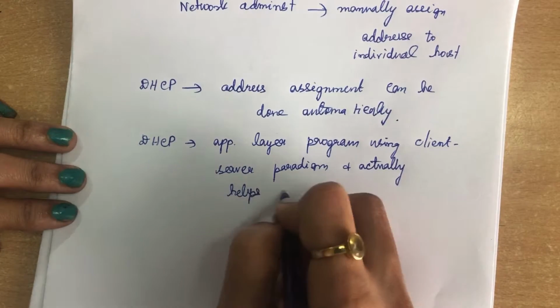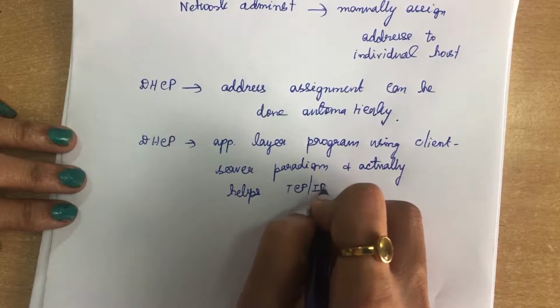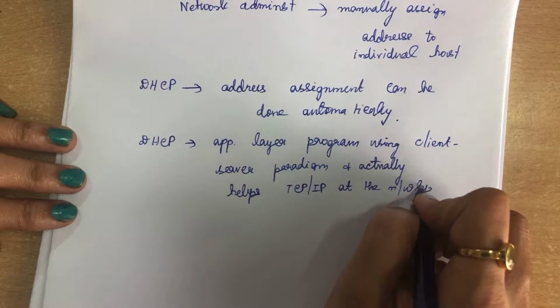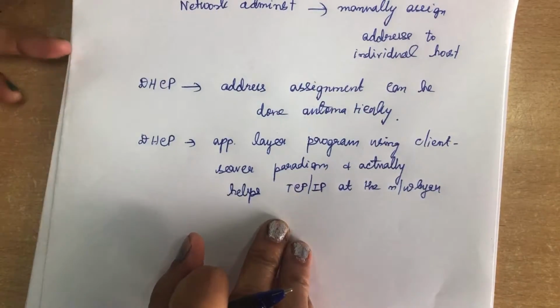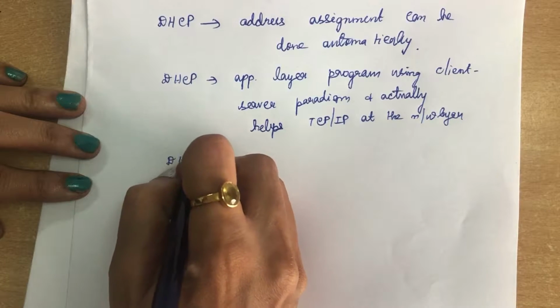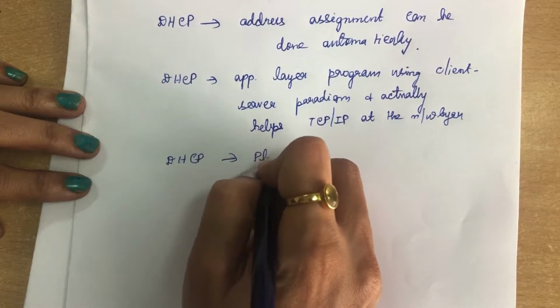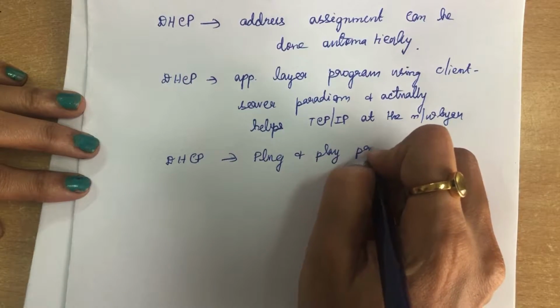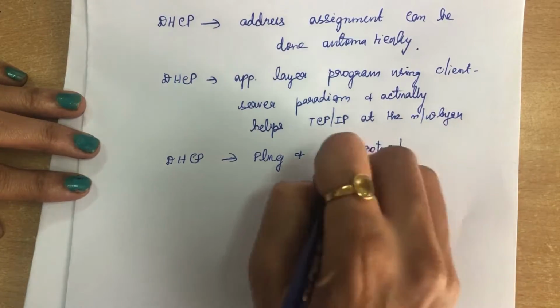We are dealing with the network layer now, so it helps the network layer for doing this work. We can say that DHCP is nothing but a plug and play protocol. Whenever we want, we can install it, and whenever we don't want it, we can remove it. So it is a plug and play protocol.